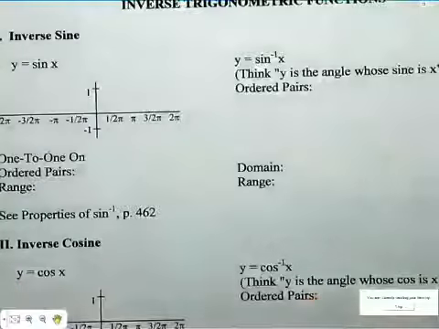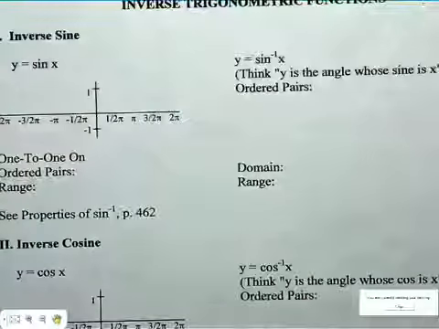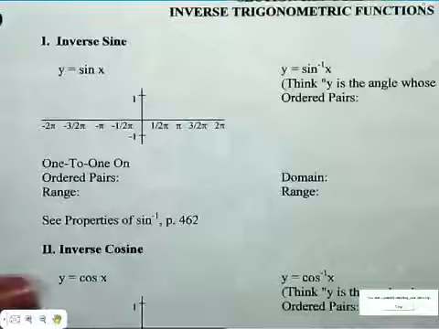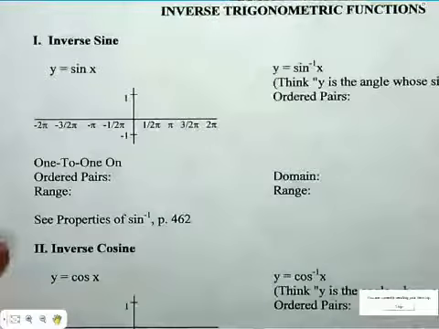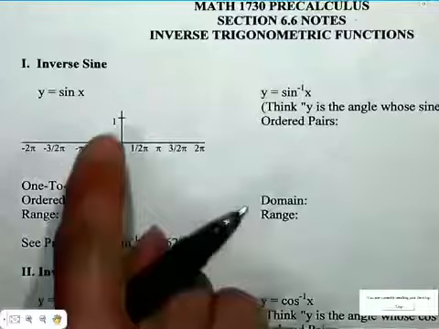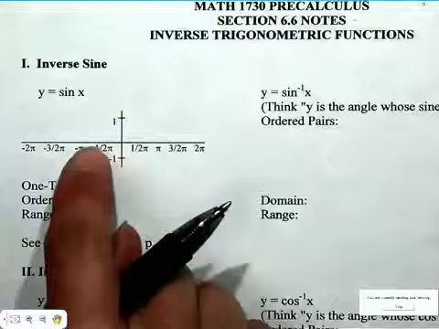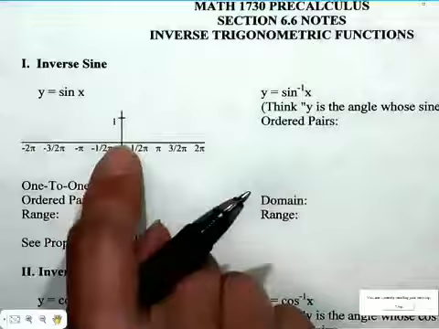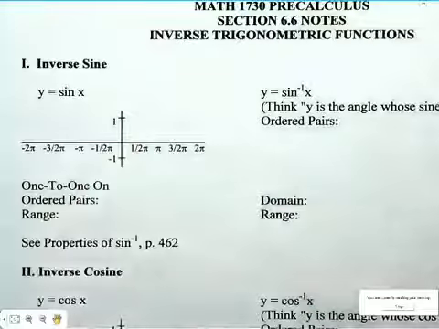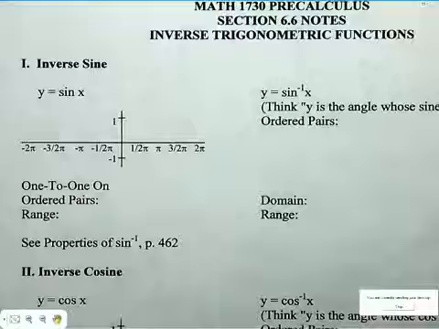We talked about the inverse trig functions just a little bit somewhere in chapter 5, but we're going to get some more details here. Let's graph y equals sine x, because anytime we're talking about the inverse of a function, we know that all the ordered pairs are just reversed, and we know that the graph of inverse sine should be the graph of sine just reflected with the line y equals x, or turned sideways.